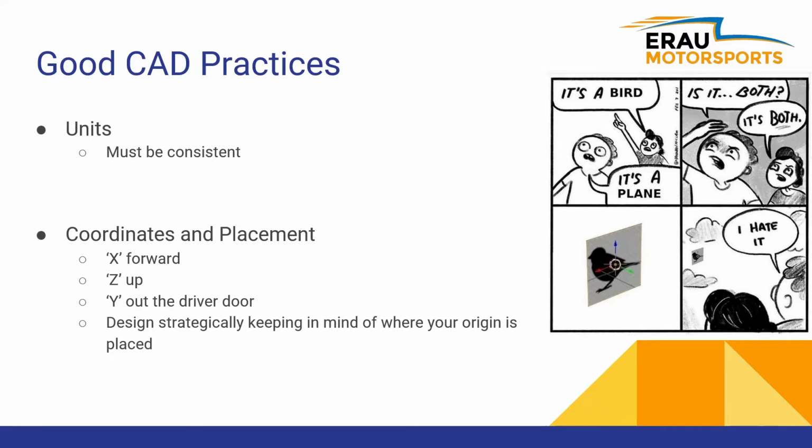And then we have coordinates and placements. Now, coordinates are very important because they're the standard when it comes to CFD. X is forward, Z is up, and Y is out the driver door. It is also very important that you keep in mind where you have your origin.